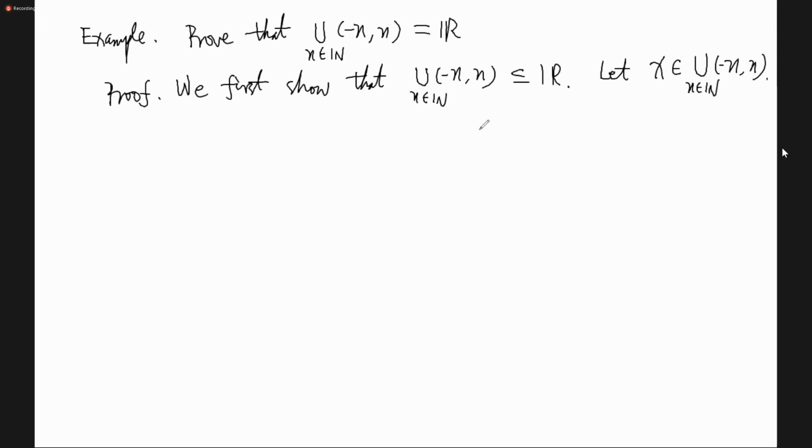Okay, so then you have to use the definition of union. x is in the union means x belongs to one of the intervals.